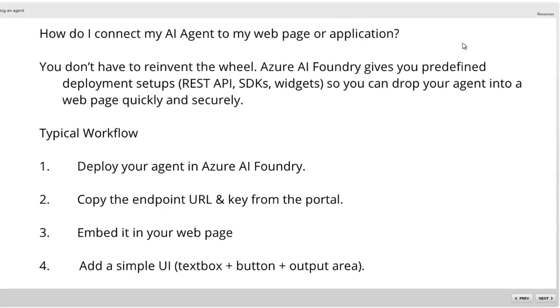Now, when you deploy the agent, you're going to have an endpoint URL and you're going to have a key. What you need to do is to embed these two things in your web page, and then add a simple user interface like a text box and a button plus an output area.